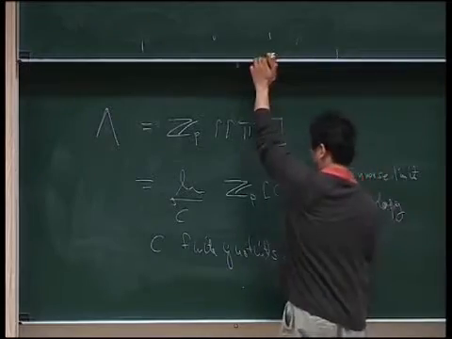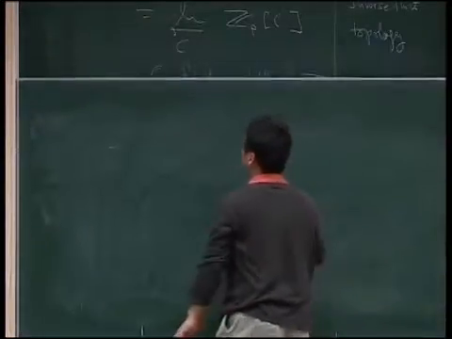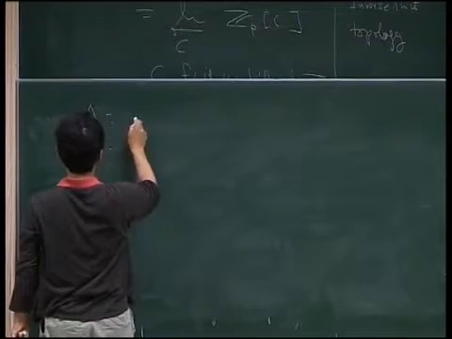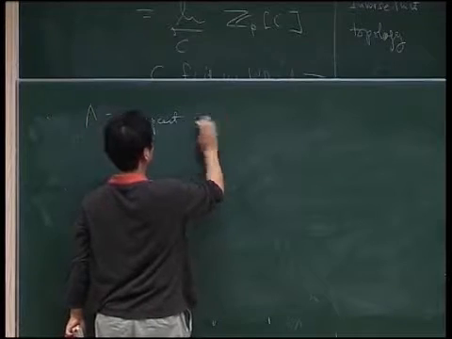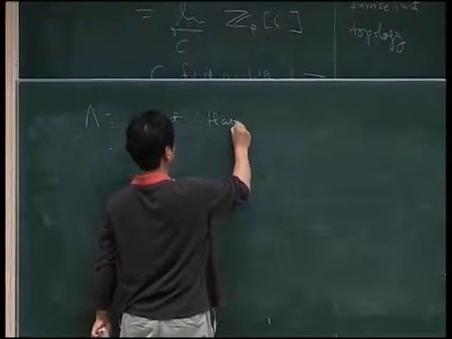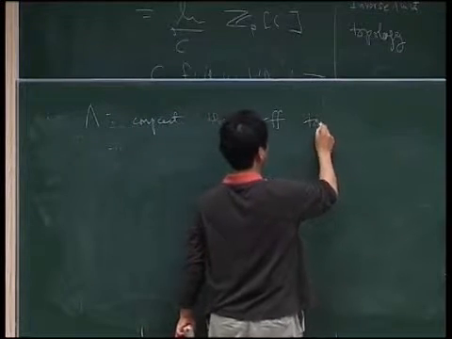And if we do this, lambda will become a compact topological, so therefore Hausdorff, that's just the usual convention, topological algebra.